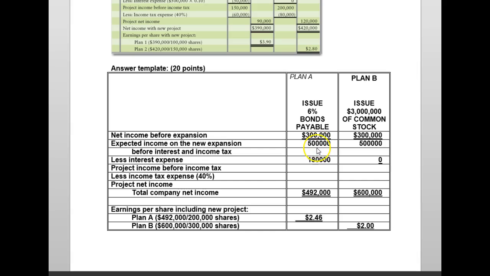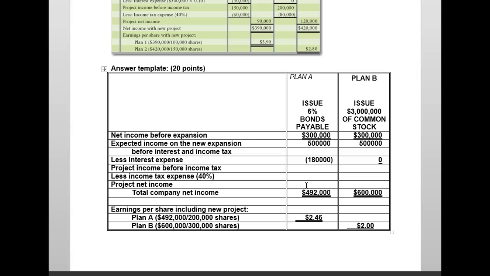If you add all of this, there's 500,000 minus, and this is a negative, okay, don't forget that. So that's going to give you before tax income right here. And then you're going to subtract the tax, which is 40%.